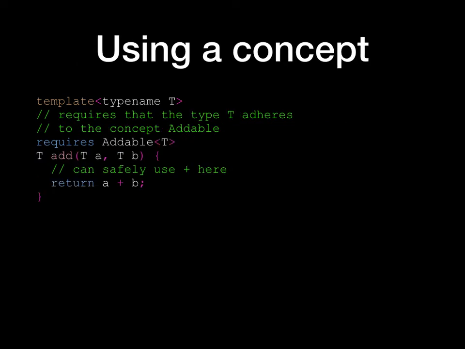To use the concept, you add, after your template is closed, a requires. So here, template typename T requires Addable<T>. And that means inside of the body of our function, we know it's safe to use a + b. It is well formed.